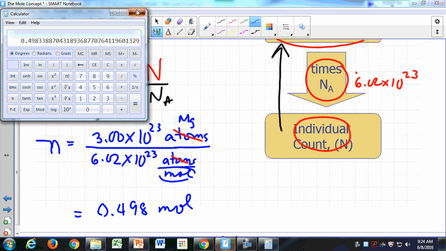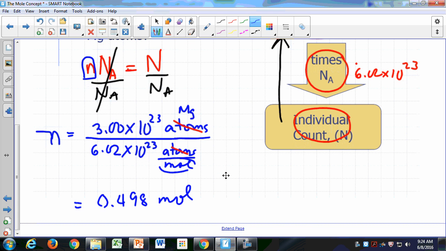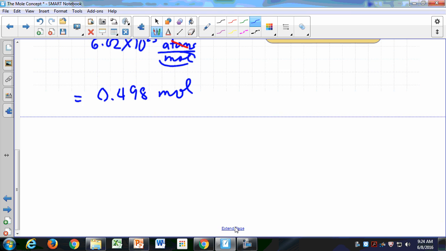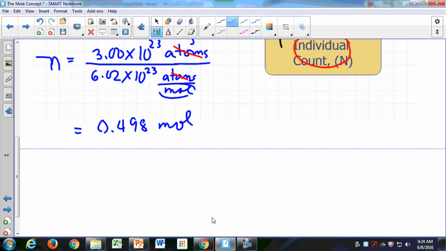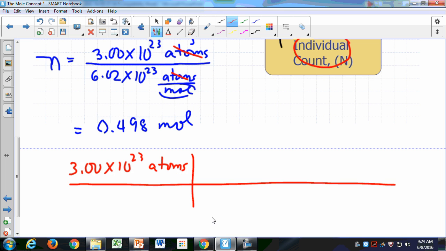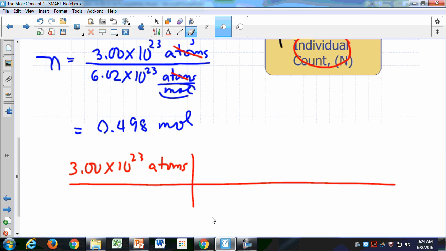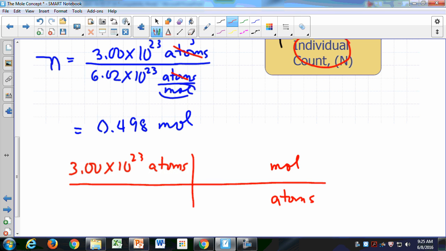Okay? If you prefer doing this using dimensional analysis, here's a way of looking at this. You can say 3.00 times 10 to the 23rd atoms. Anytime you're dealing with proportional quantities, you can use dimensional analysis. You can say times, okay, I want to cancel number of atoms, and I want to put moles on top, right?